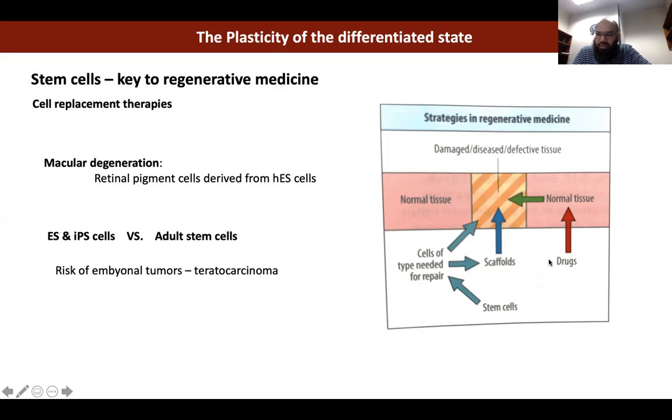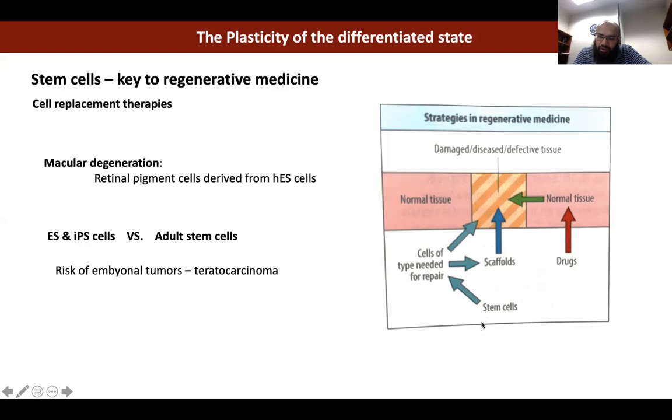So one strategy is that you can use drugs that induce the differentiation of the stem cells in this normal tissue so that they can produce new tissue that replaces the damaged tissue.